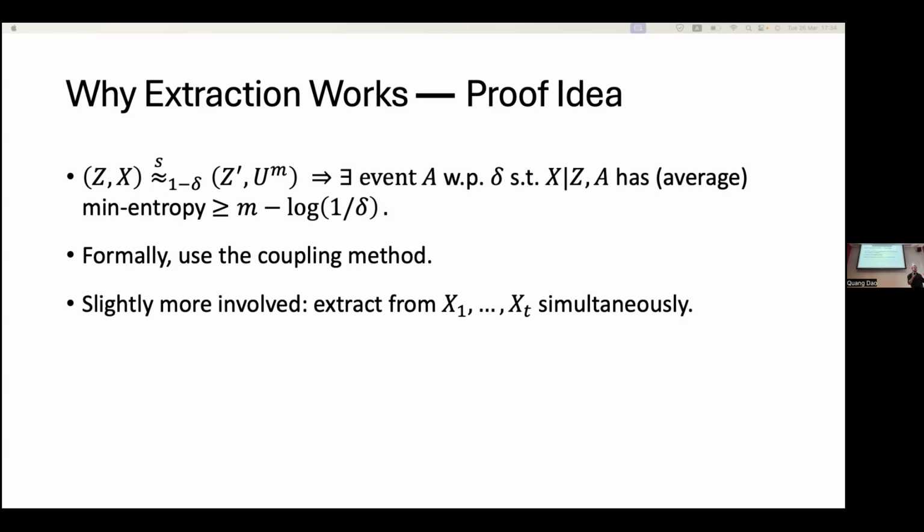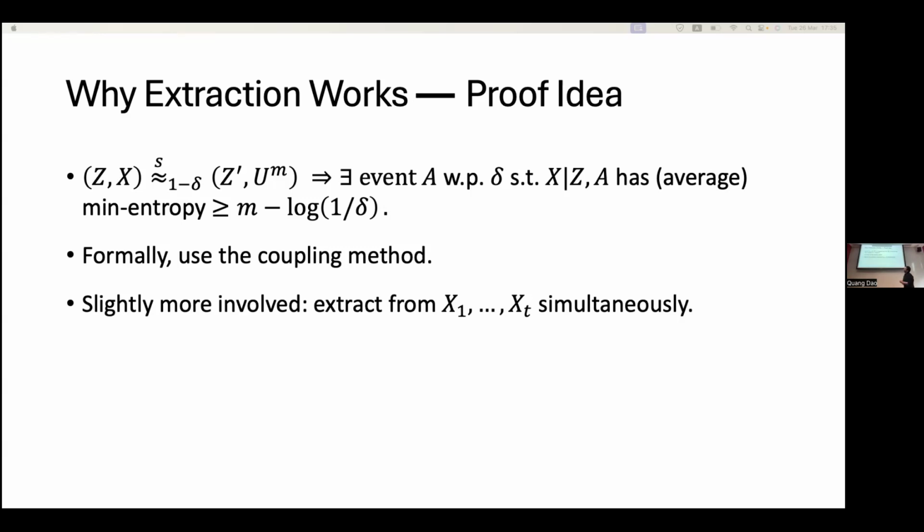So we combine the losses from these two cases. One is that we only condition on an event, and otherwise we don't guarantee anything. And second, even conditioned on this event, we may be losing some bits of mean entropy, but it's bounded.